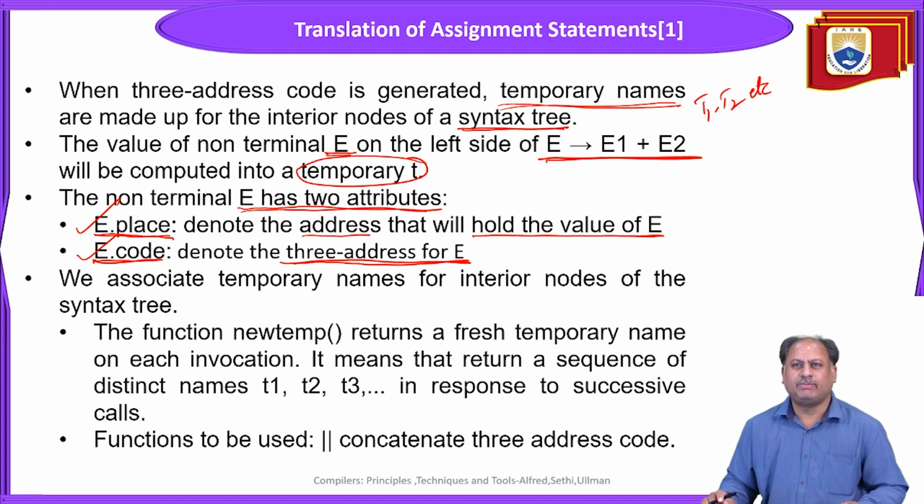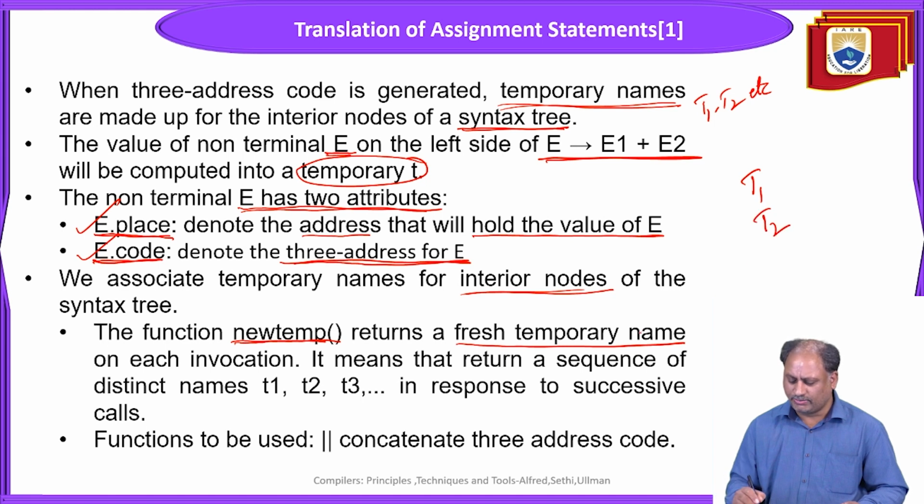Now we know that temporaries are to be allocated for each of the interior nodes for the construction of the syntax tree. While constructing, we use a function called new temp. Every time a temporary is required, instead of creating temporaries directly, we use a function which returns a temporary name. That means if I create a temp T1, then the second time T2, a fresh temporary name has to be created.